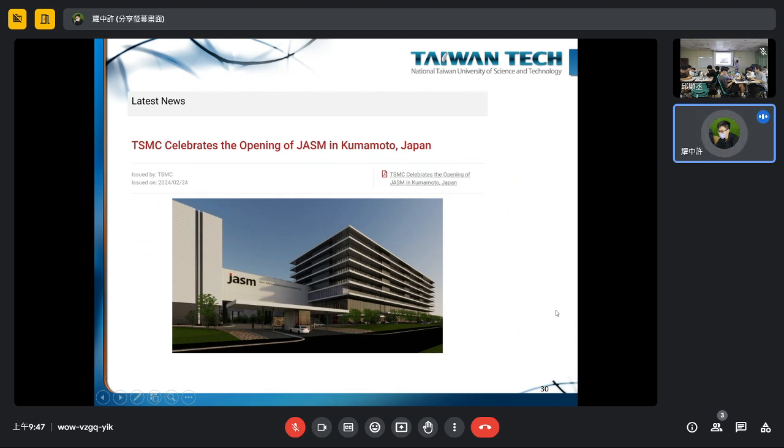This year, TSMC celebrates the opening of JASM in Kumamoto. I've never been there, but I've heard that many Taiwanese start to move there to find a job. Maybe in the future I will visit there sometime.